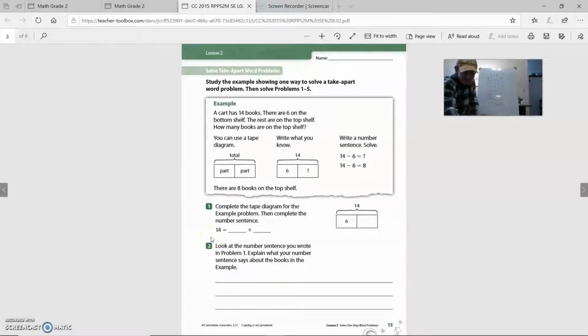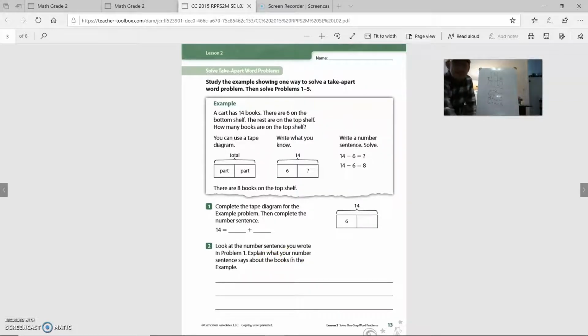Number 2 asks us to look at the number sentence that we wrote for problem 1, our 8 plus 6 equals 14, or our 6 plus 8 equals 14, and explain what my number sentence says about the books on the shelf.